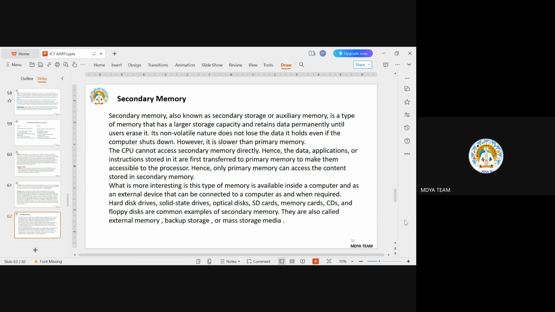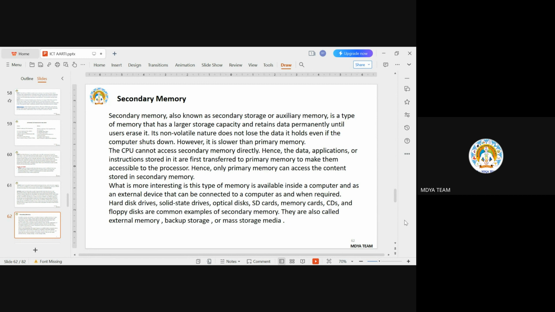The commonly used secondary memories are hard disk drives, HDD, and solid state drives, SSD, optical disks, SD cards, memory cards, CDs, and floppy disks. They are also called external memory, backup storage, or mass storage.